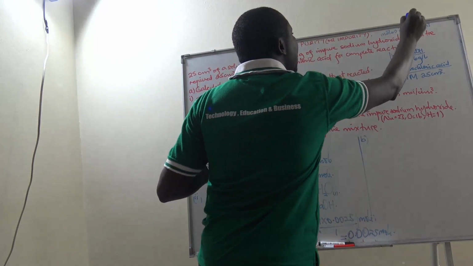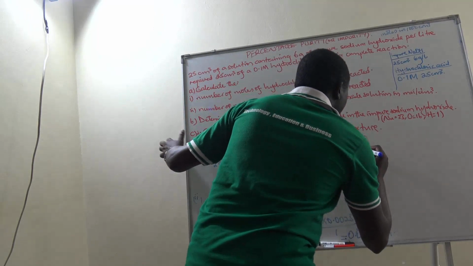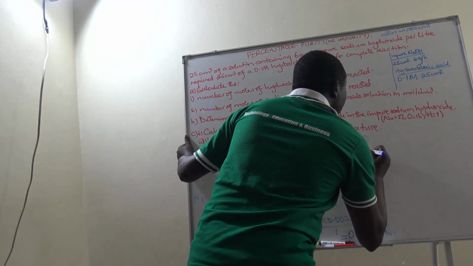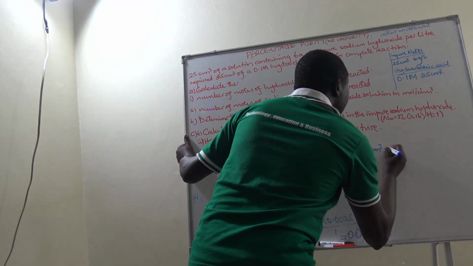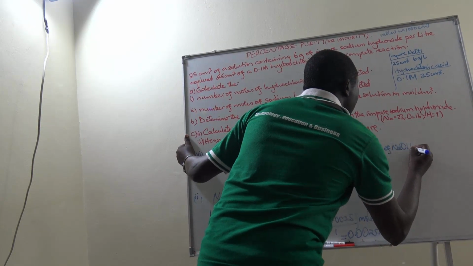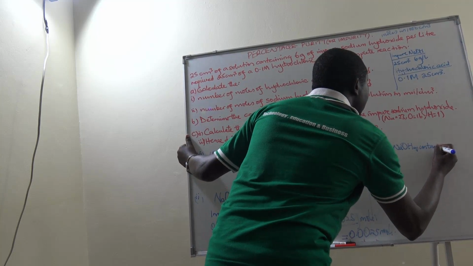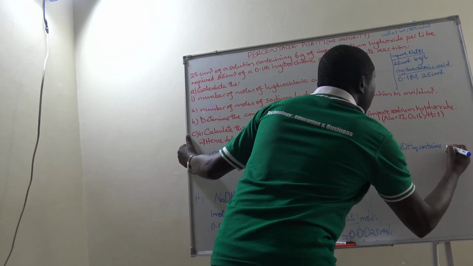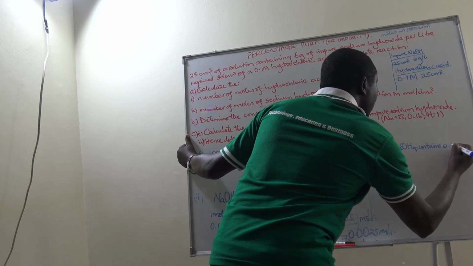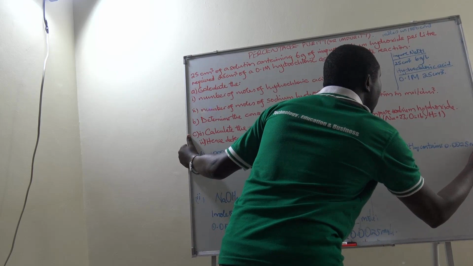Then what of 1,000 cubic centimeters? How many moles of sodium hydroxide are there? So we say 25 cubic centimeters of the sodium hydroxide solution contains 0.0025 mole.